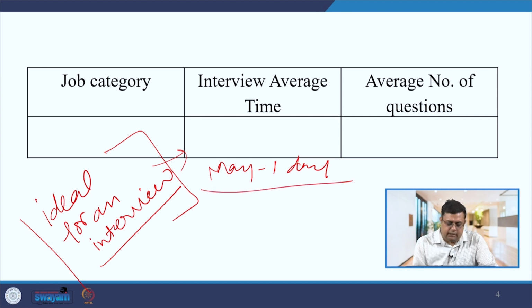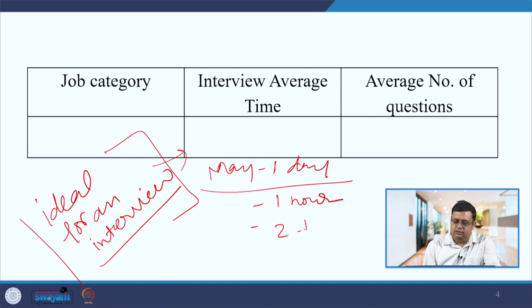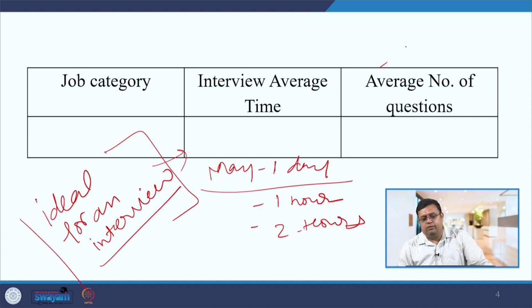And sometimes you will see the interview getting over in just 1 hour or 2 hours. How many questions should we ask, what should be the number of questions?